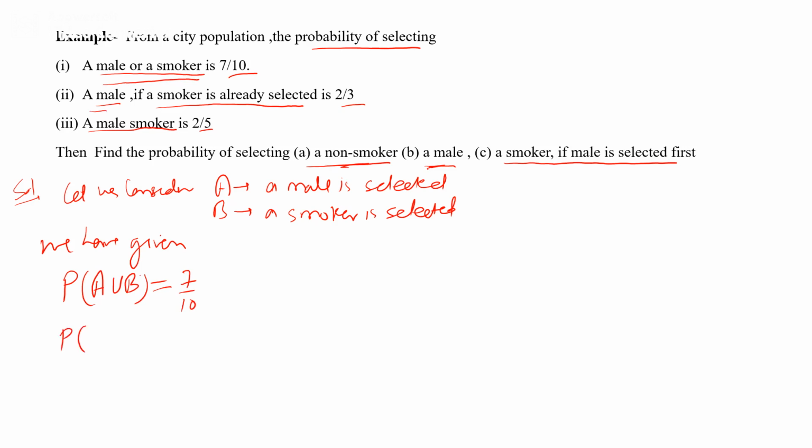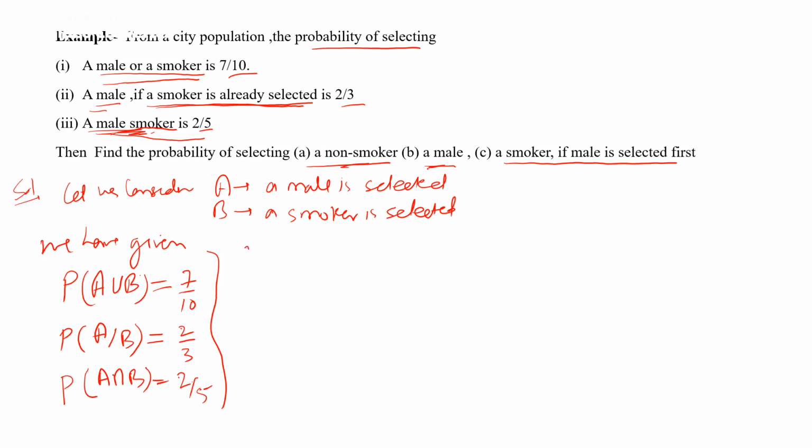A male if a smoker is already selected means A given that B has already occurred, which is conditional probability, given as 2 by 3. And the third one, a male smoker, is 2 by 5, meaning the probability of a male and a smoker. So we write A intersection B is 2 by 5. These are given in the question.